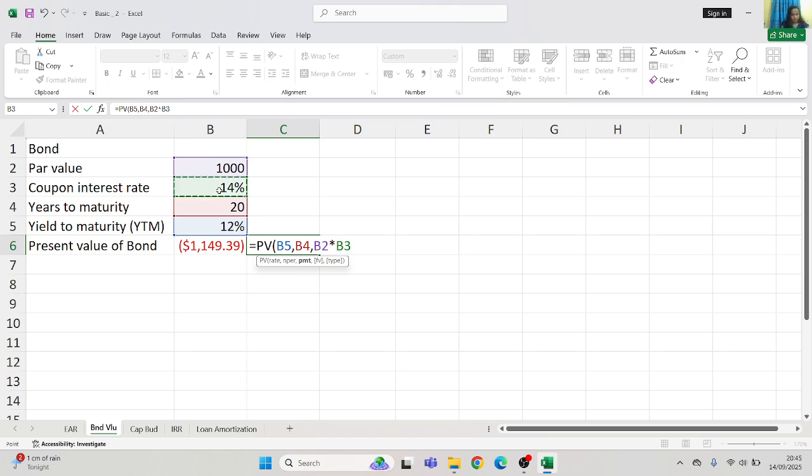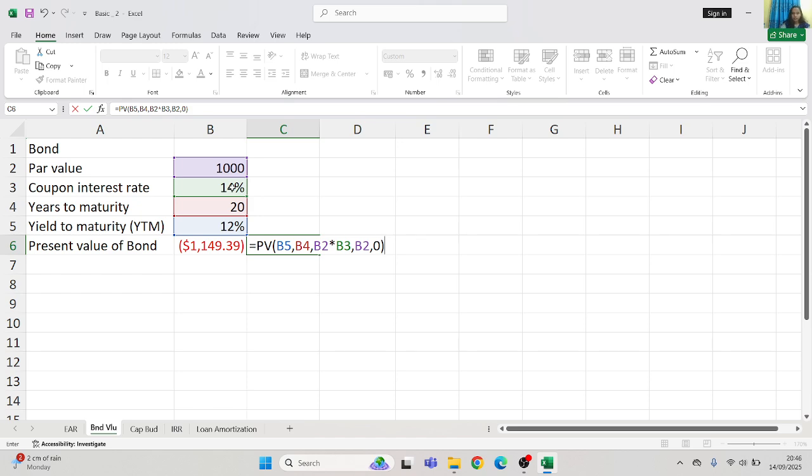14%. FV is 0. Then we close our bracket to get the value of present value of bond.